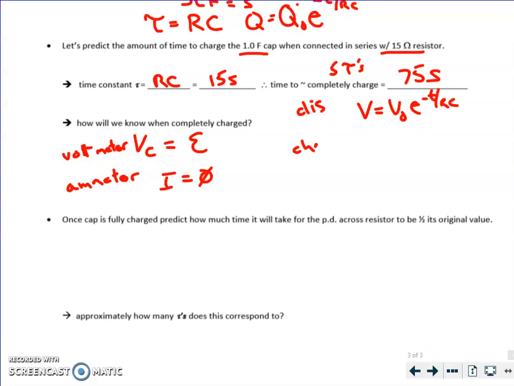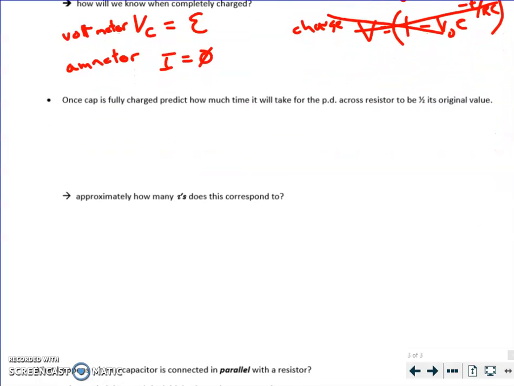For charging, it takes on a slightly different value. It's V equals 1 minus, okay, and you don't have to know this. This is not part of the AP curriculum. It's part of the IB curriculum, but it would become more like that. But we don't ever have to use that. That's why I'm using this 5 taus type thing. So when we're talking about charging, you want to think in terms of 5 time constants to get to about greater than 99%.